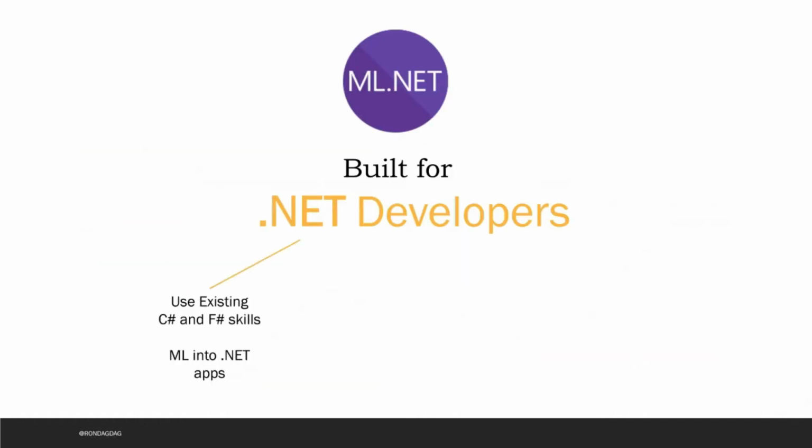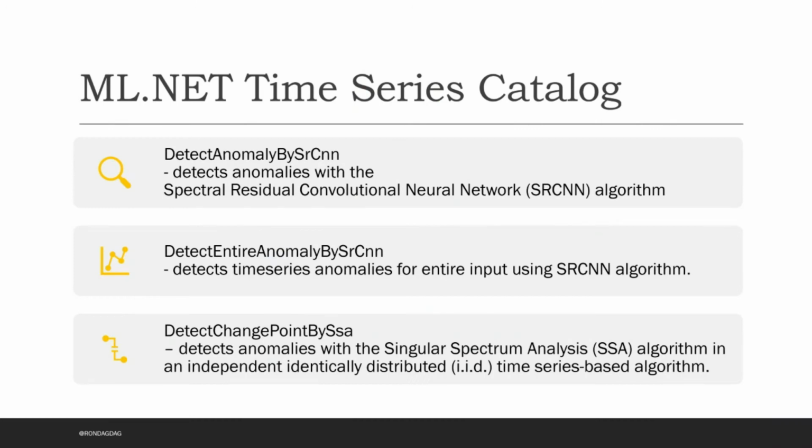ML.NET is for .NET developers who have C# and F# skills and want to include anomaly detection or machine learning in their pipeline. The advantage of this is you're not required to have data science or machine learning experience, because there is a time series catalog that you can include in your application so you can detect anomalies, using some of the pre-implemented algorithms that they have.